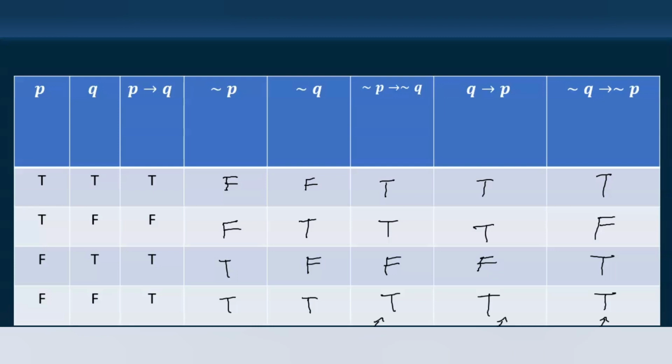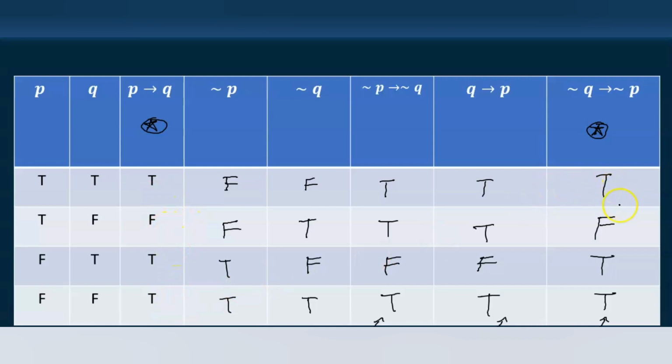Observe that some columns have the same entries. Let's take a look at the third column. P implies Q. The entries are true, false, true, true. These truth values are the same as the truth values of the last column. That means that P implies Q and not Q implies not P are logically equivalent.